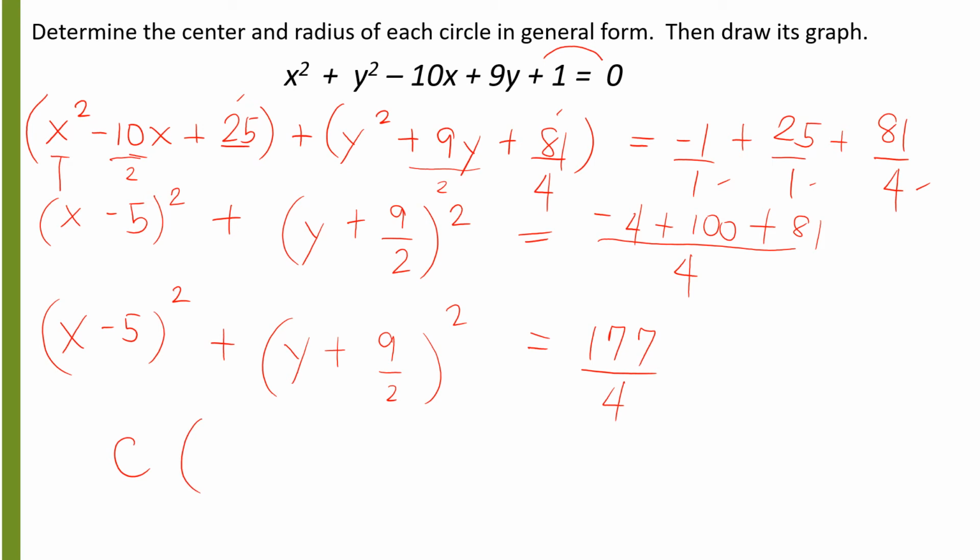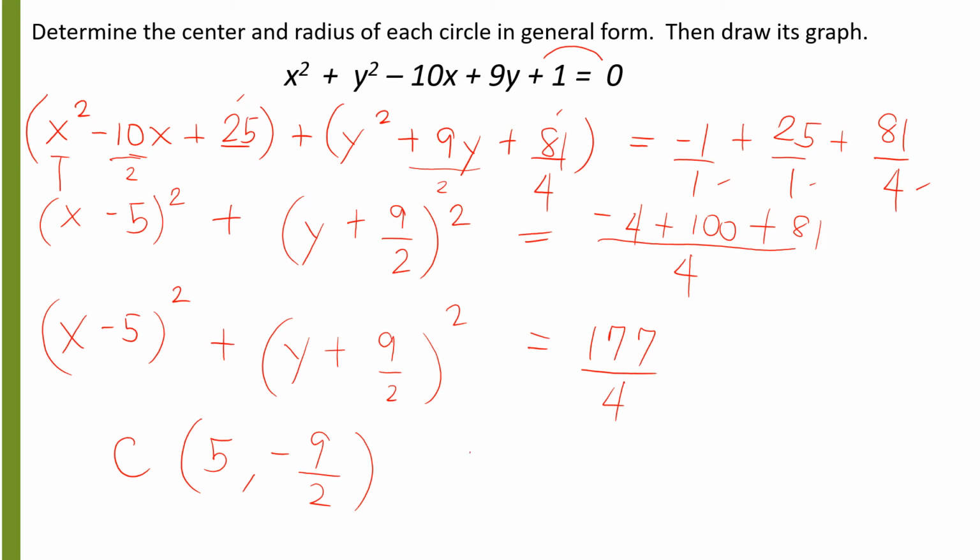Since our pattern is x minus h, our h value is 5. For k, ang pattern natin is y minus k. Pero if you look at your answer, it's y plus 9 over 2. Ibig sabihin, the value of k is negative 9 over 2. So, sa makatuwid, ang center natin dito ay 5, negative 9 over 2.